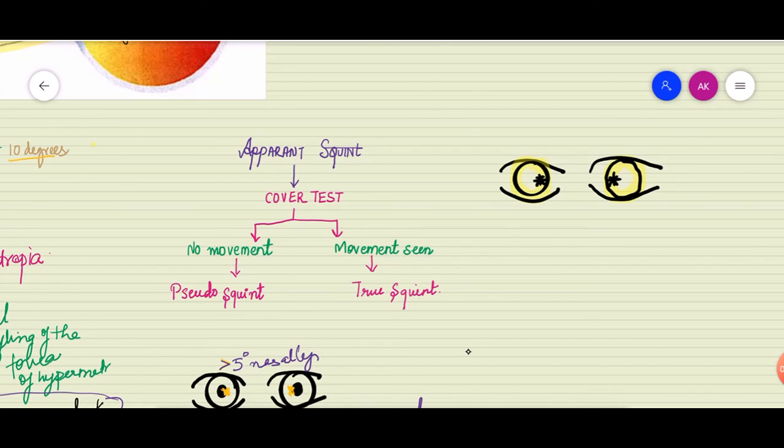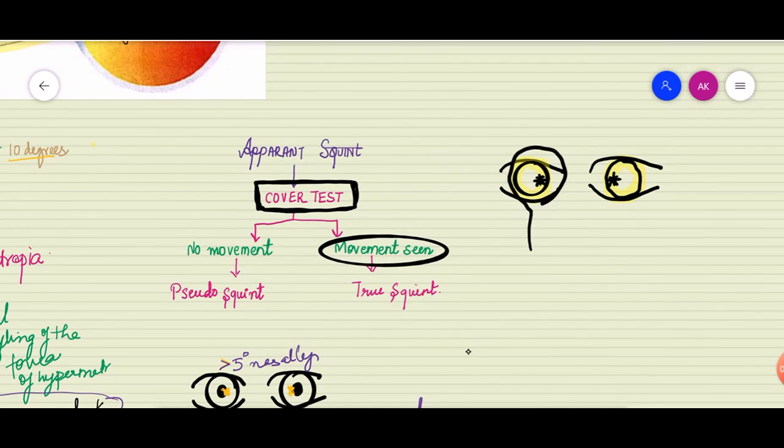Okay, so based on the test, which is the cover test. So always you have to do a cover test whenever there's a squint, and if there is a redressal movement seen on the cover test, then it is a true squint. But if there is no redressal movement seen on cover test, then it is a pseudo squint, okay, the pseudoexotropia or pseudoesotropia.